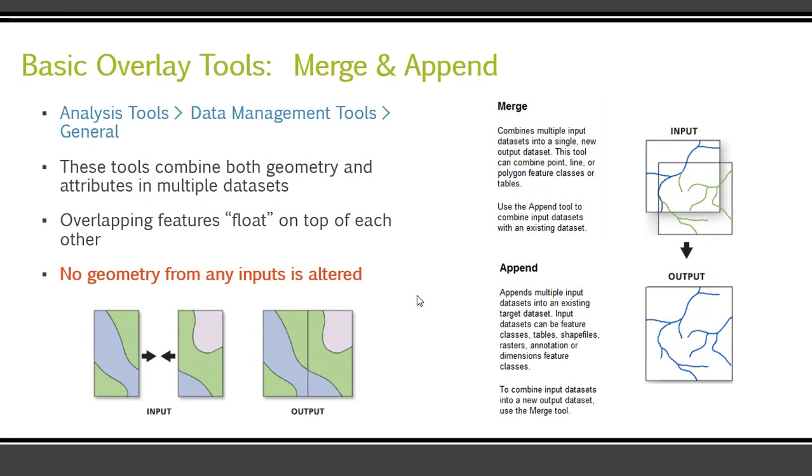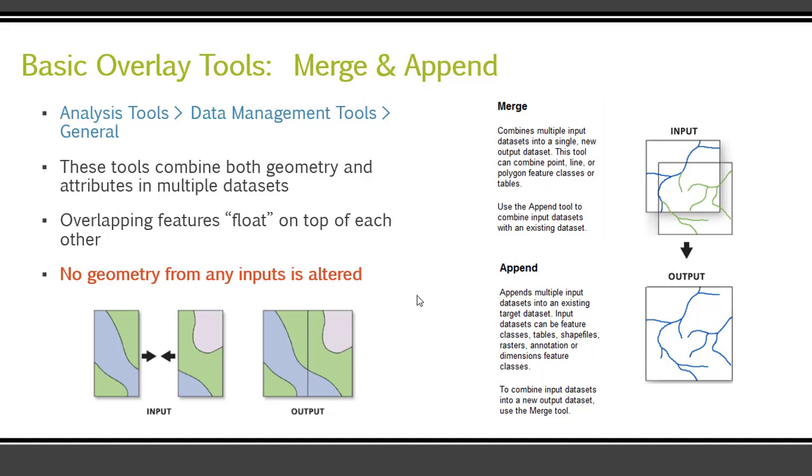All right, so our basic map overlay tools that we're going to talk about today are merge and append. They can both be found under data management tools in general within Toolbox. Both tools combine both your geometry and your attributes from multiple data sets. So the big difference is that merge is going to take all of your inputs and create a brand new output. It's going to create a new data set.